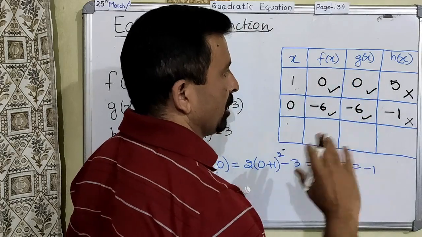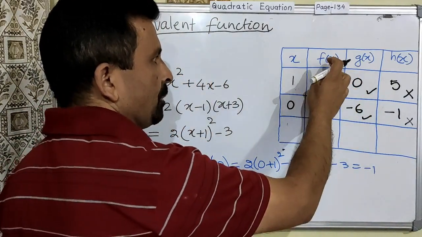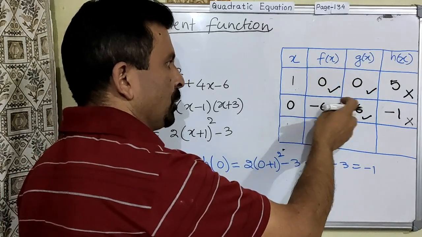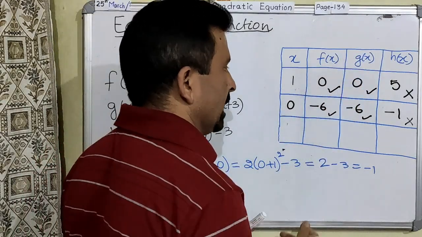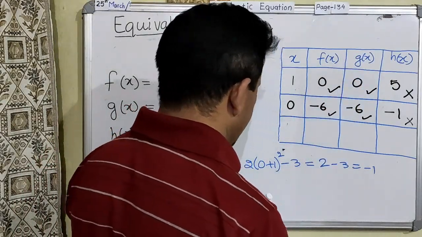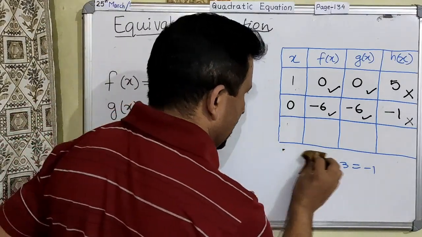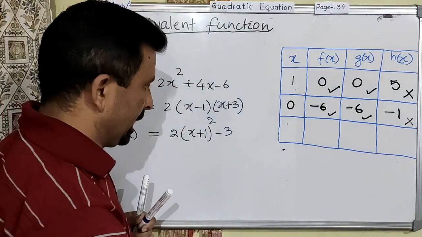So now it is getting more and more clear. We are getting a clearer picture that the standard form and the factored form are giving the same output for the given input. So this indicates that g(x) and f(x) are going to be equivalent. But we have to confirm it only after calculating for 3 different values of x.